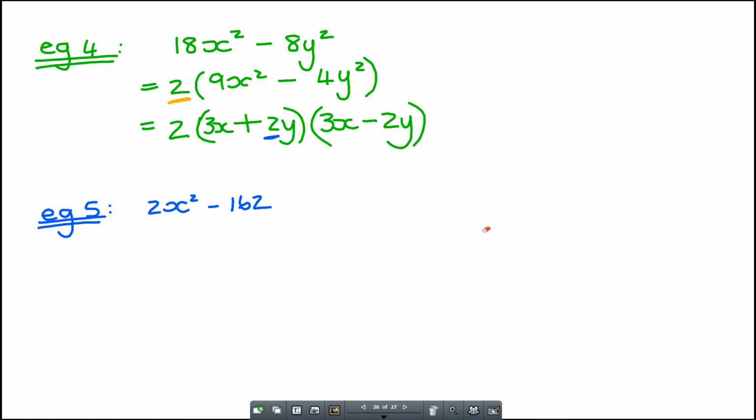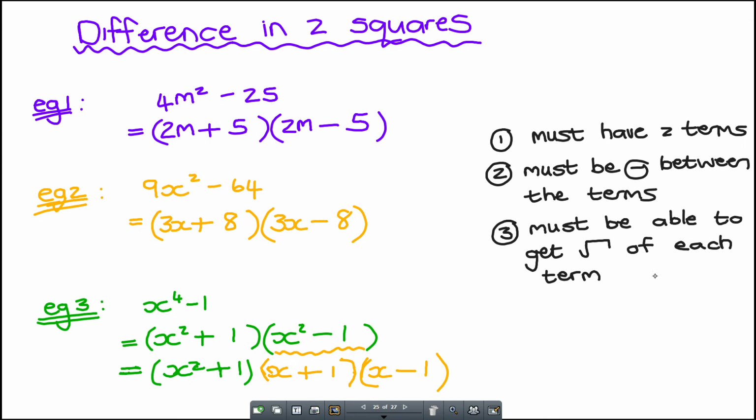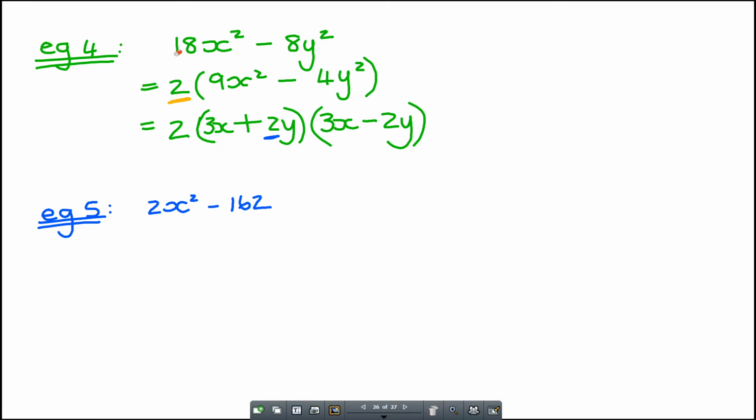Because we saw. Hold on. Remember these 3 rules that I made you guys write down here in black. Okay? So let's run through them again. If you look at this 18x squared minus 8y squared, have we got 2 terms? Yes. Have we got a minus in between? Yeah.